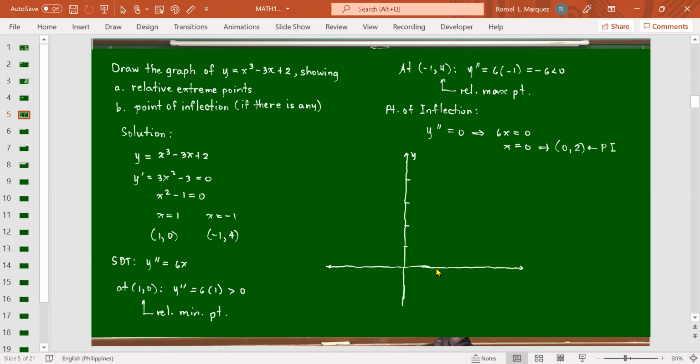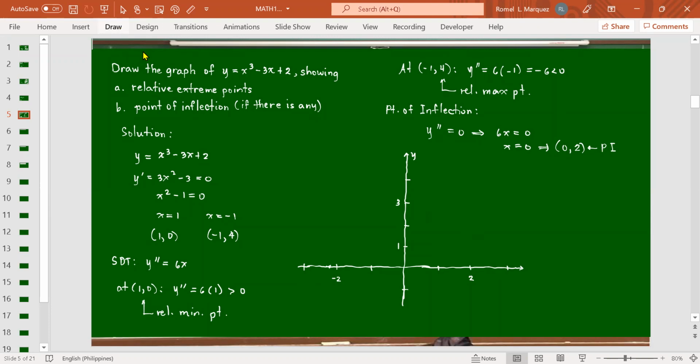Negative 1, negative 2, negative 3. Internet is unstable.